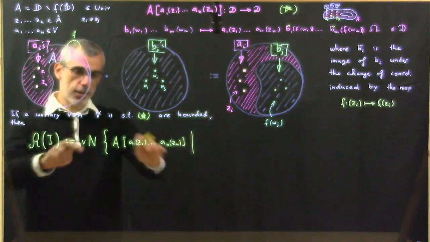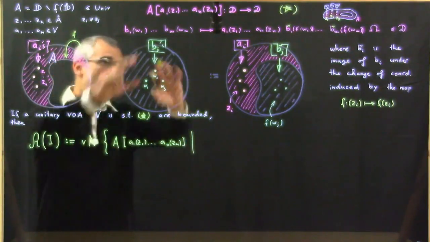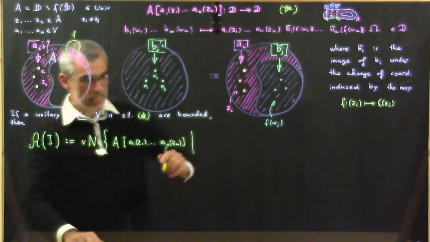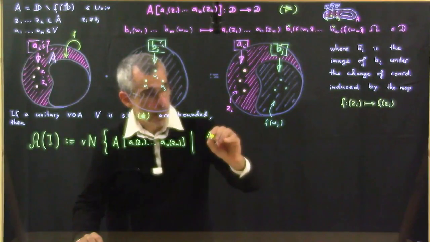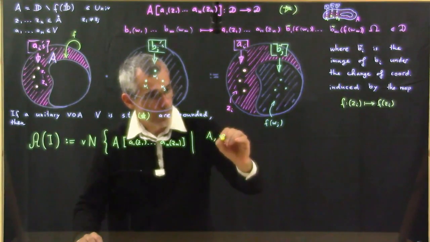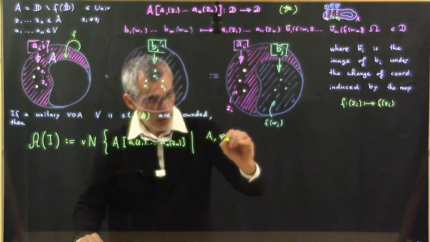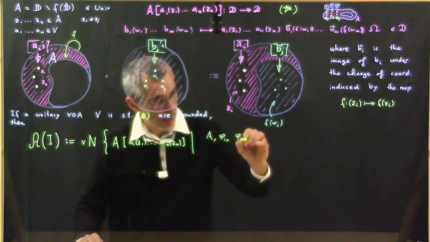I'm going to take the von Neumann algebra generated by all these operators as the annulus A. So A, remember, comes with boundary parameterizations of the incoming and of the outgoing boundary.